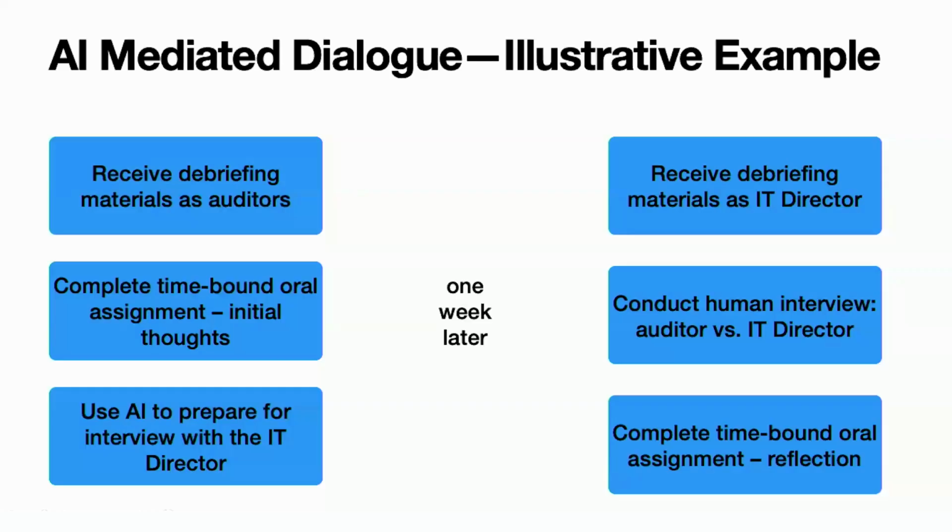One week later, they walk into the classroom and the classroom will be split into half randomly. Some students will continue to be the auditors. Some students will be assigned as an IT director of the company. Of course, because the IT director is an insider, this person should have really detailed information about what's happening in the company. These are the specific policies.